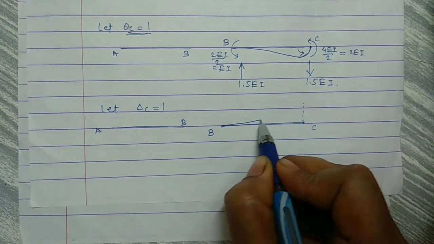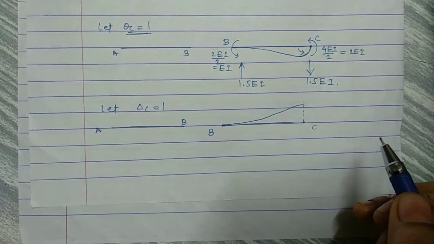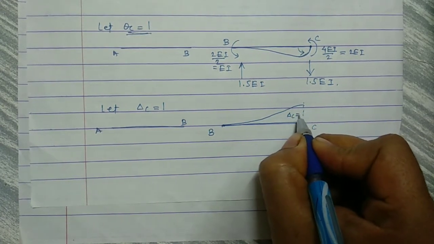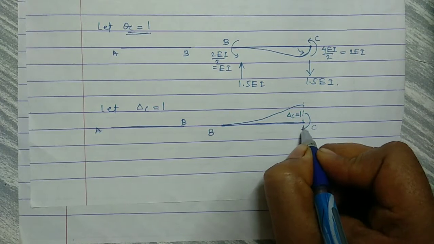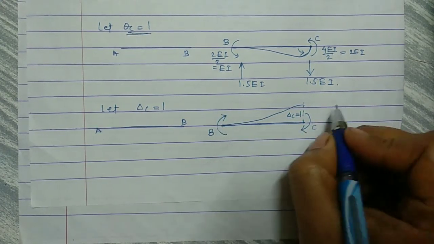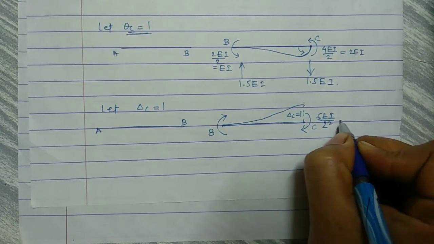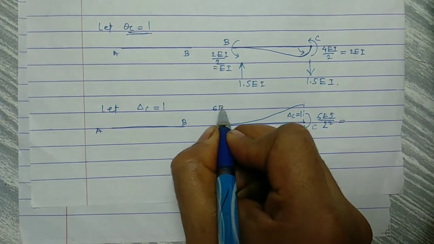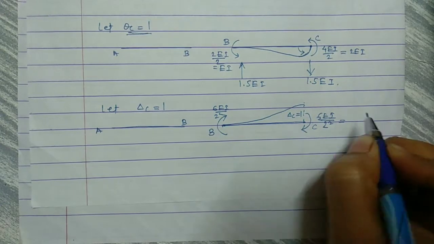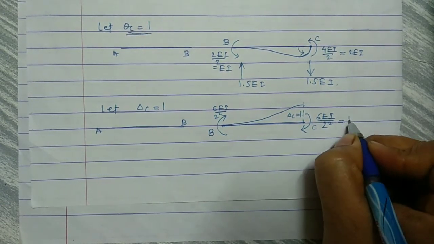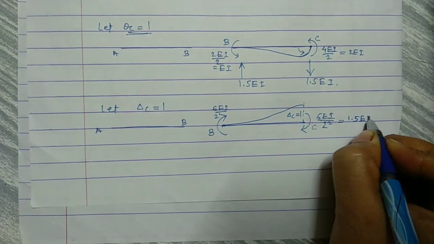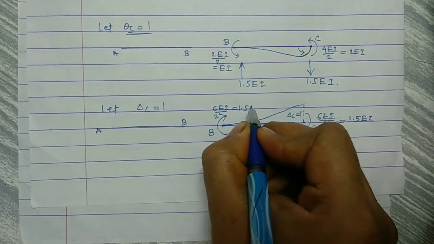So the member BC will be deflected in this direction. This is delta C equal to 1. Show the moments here, calculate those moments. So this moment is because of sinking, 6 EI upon 2 square. Here also 6 EI upon 2 square. So 6 upon 2 square, that is 1.5 EI, and here also 1.5 EI.